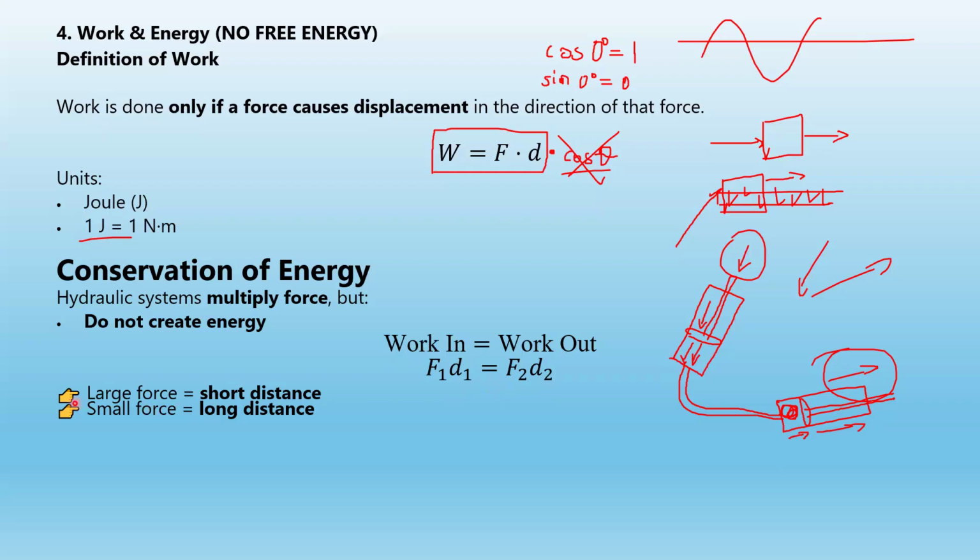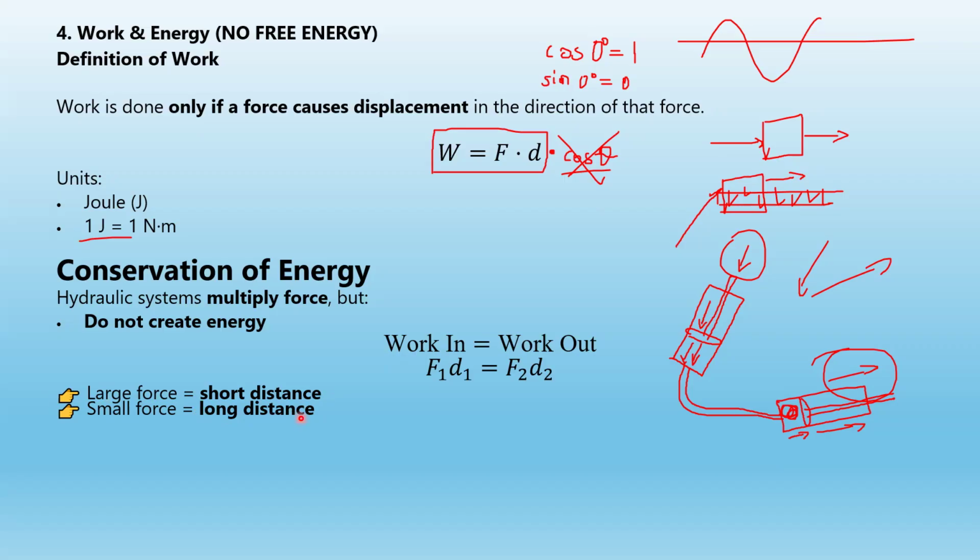Which translates to, there's a finger pointing at this, that means it's probably important, right? If you have to apply a large force, it's going to translate into a shorter distance, or a smaller force is going to equal a longer distance.